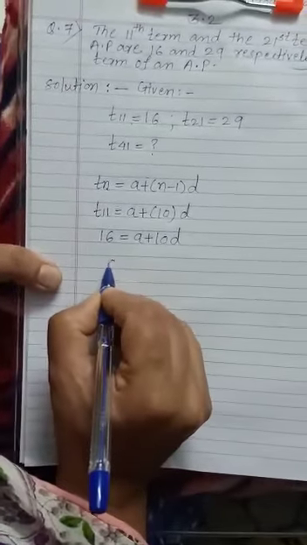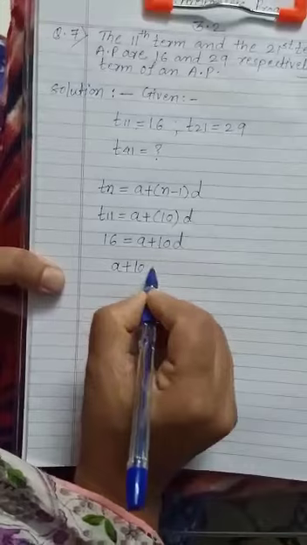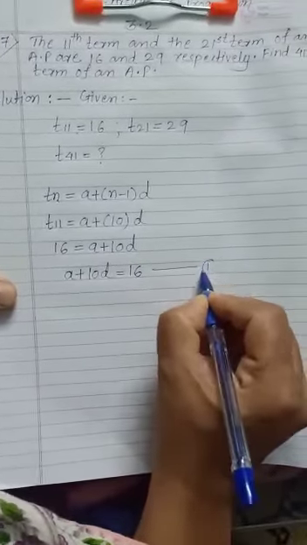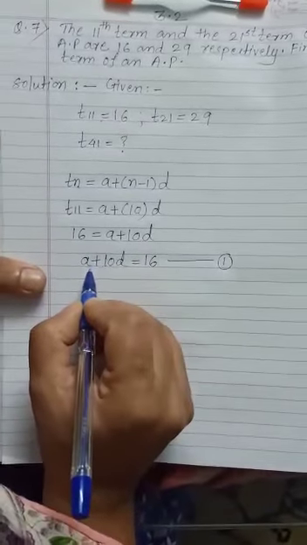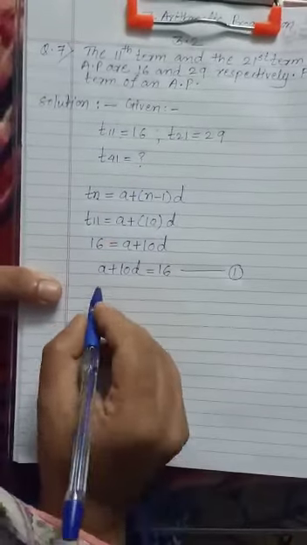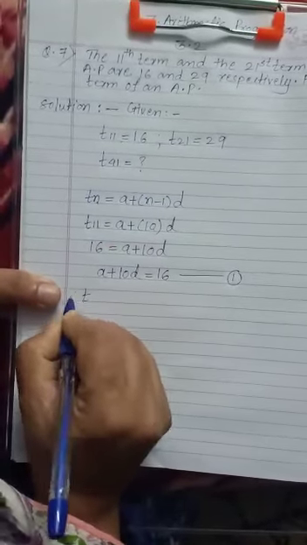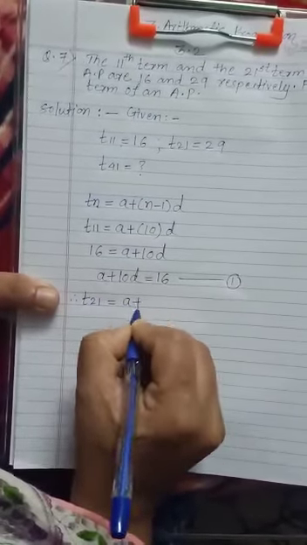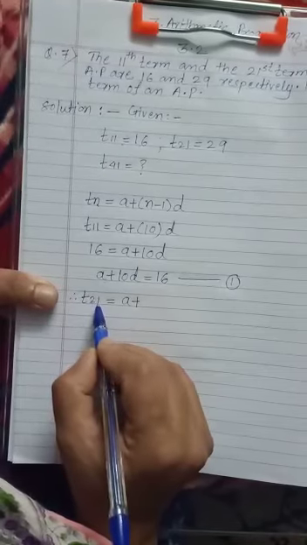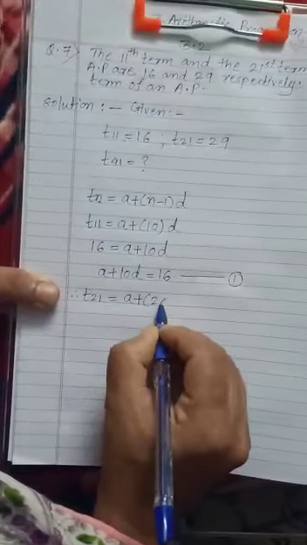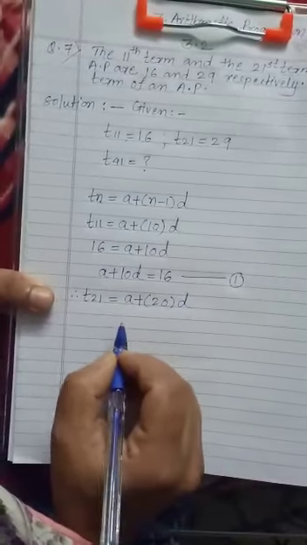Understood? Now we are just rearranging the equation. A plus 10D is equal to 16. It is equation number 1. Understood? In the same way, we are making the second equation for T21. Therefore T21 is equal to A plus, here the value of n is 21 and n minus 1 means 21 minus 1, directly I am writing 20 multiplied by D. Understood?